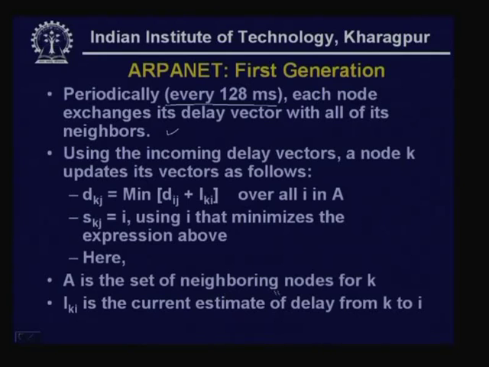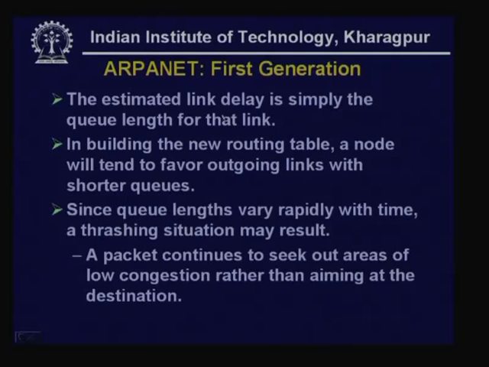Here A is the set of neighboring nodes of k, and Dki is the current estimate of the delay from k to i. So the minimum value is taken as the delay information, which is being used to compute the least cost path, maybe by using the Bellman-Ford algorithm. Here the estimated link delay is simply the queue length for that link.